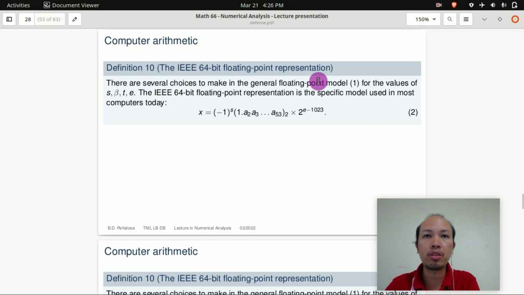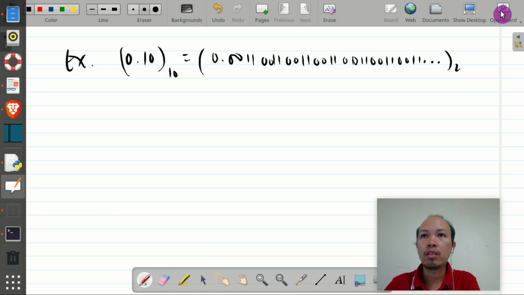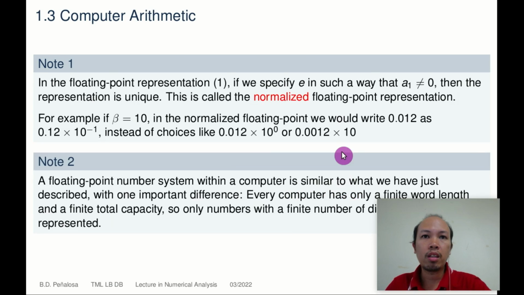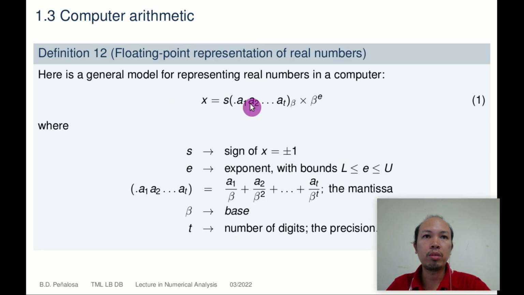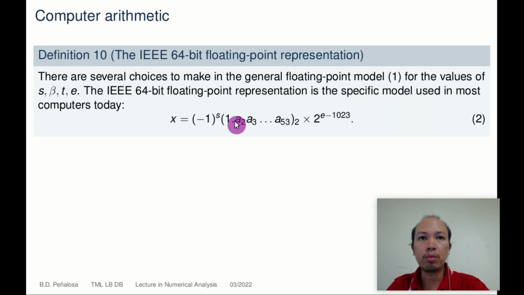This is the same as in the general model, where, as you can see, we replace beta to be equal to 2, and then we move 1 point here.